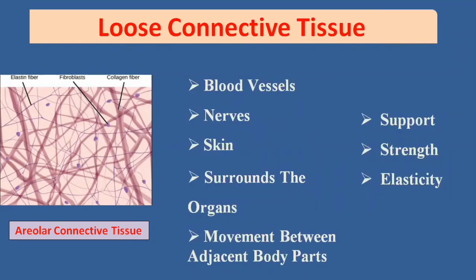Areolar connective tissue is one of the loose connective tissues. As you can see, it has elastin fibers, fibroblasts, and collagen fibers. They have fewer fibers and more intracellular space. Areolar connective tissue is involved in the formation of blood vessels, nerves, and skin, and surrounds different organs of the body.